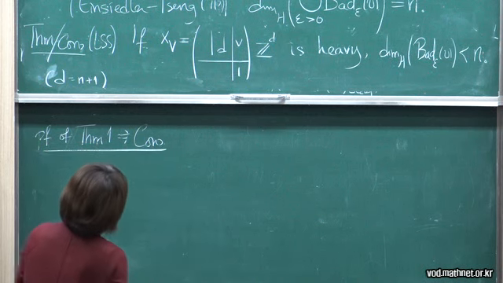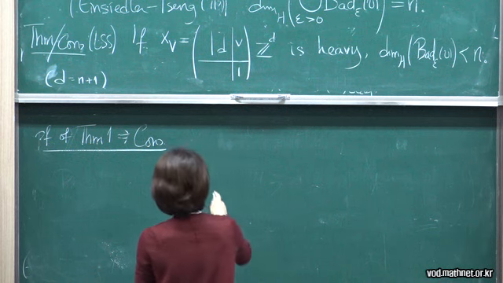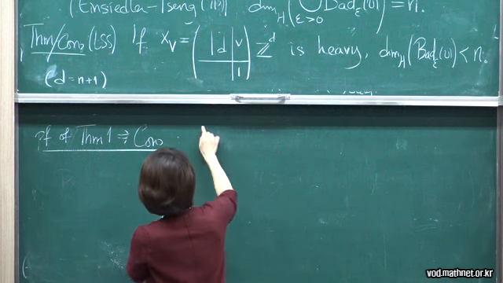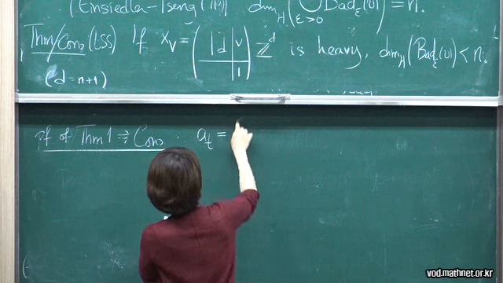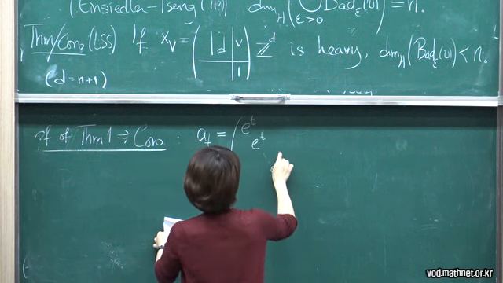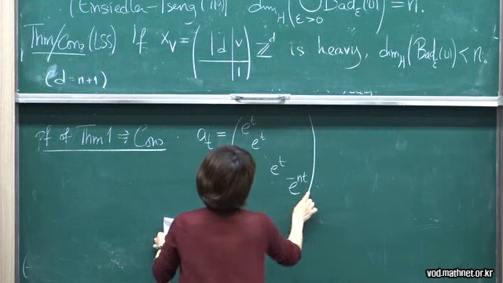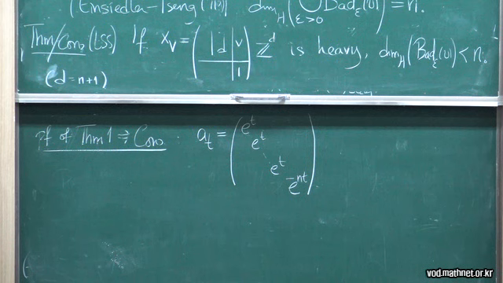So we're going to think of translates of W by W, but for this particular diagonal matrix: e to the t, etc., e to the t, and then e to the negative nt. Okay, d is n plus 1.